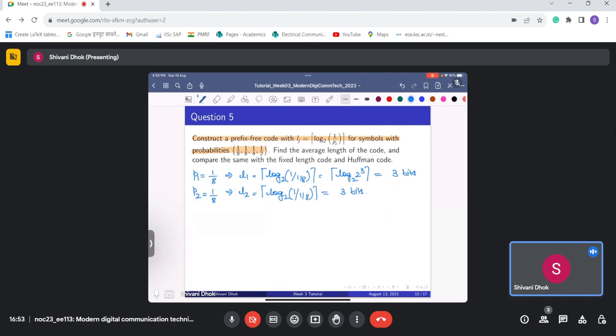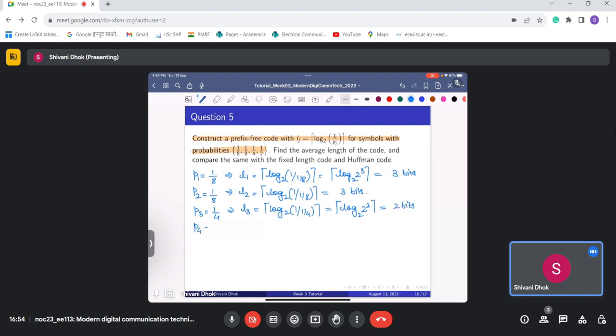Next we have P3, which is 1 by 4. This implies L3 will be the ceiling of log to the base 2 of 1 divided by 1 by 4, which is equal to the ceiling of log of 2 square to the base 2, which is equal to 2 bits.